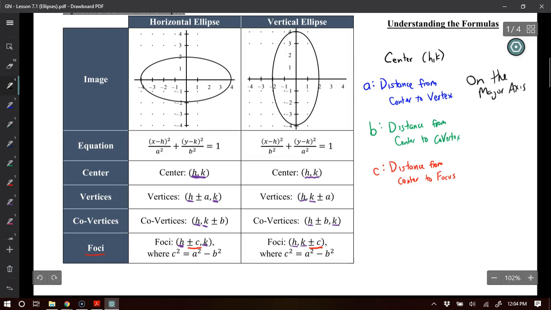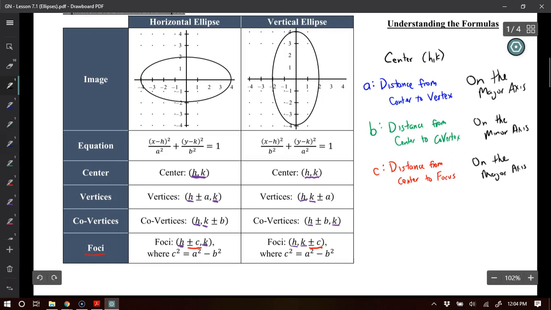And it's the same with your foci. The foci are on the major axes. And then for B, the covertices are on the minor axes. They are the endpoints of the minor axes.